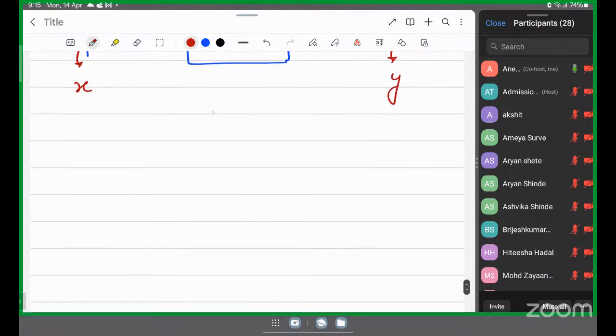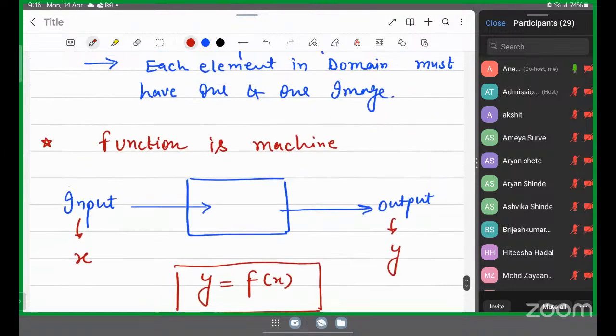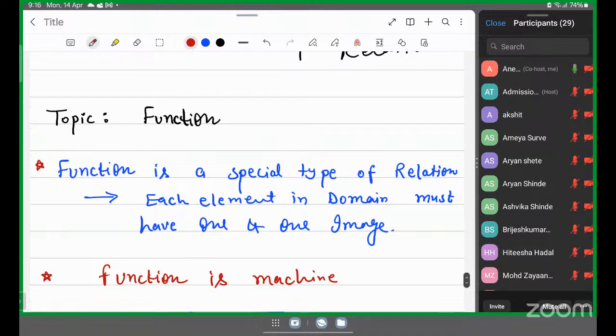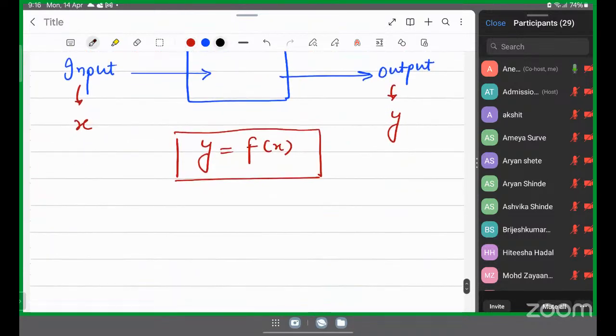So we symbolically represent it as y is equal to f of x, meaning y is a function of x. The value of y depends on the value of x. If you put a certain value of x, accordingly we will get the value of y. And for a specific value of x, there will be a specific value of y. So function can also be considered a machine.